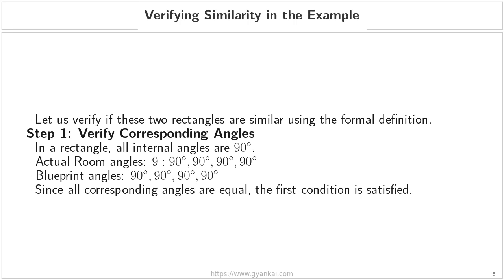If we look at our actual room, all 4 angles are 90 degrees. Looking at our blueprint, all 4 angles are also 90 degrees. Because every angle in the first polygon matches its corresponding angle in the second, we can officially say the first condition of similarity, the equality of corresponding angles, has been satisfied.